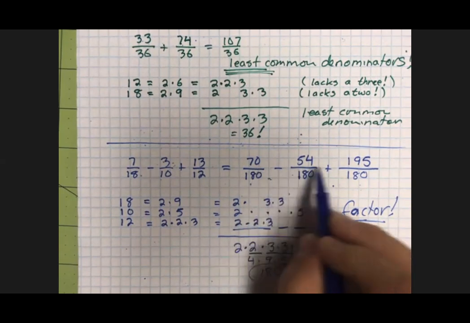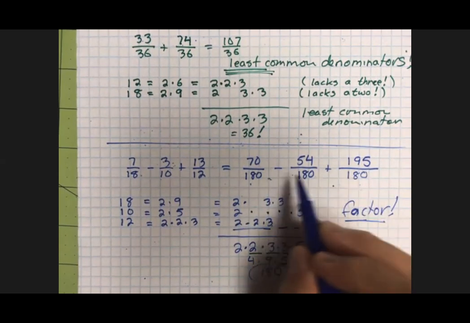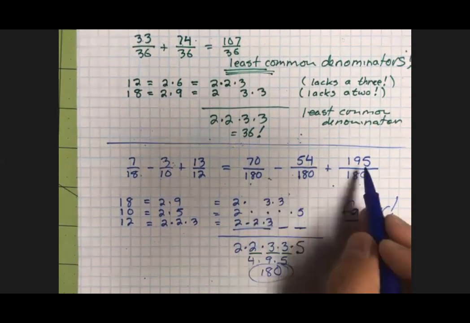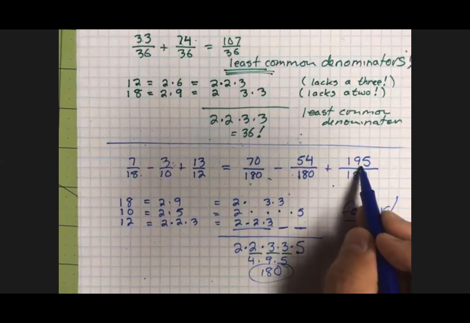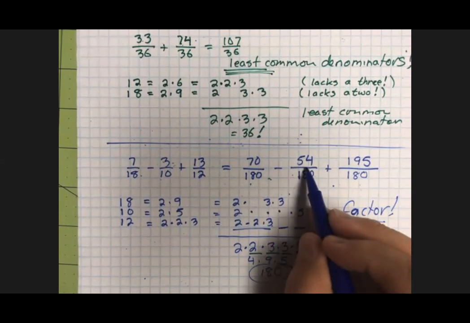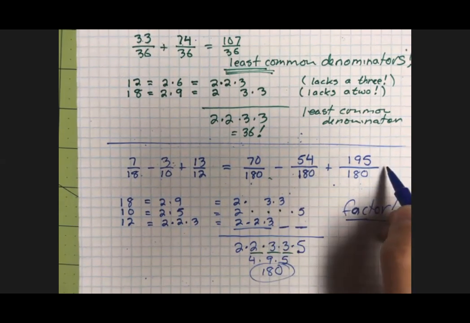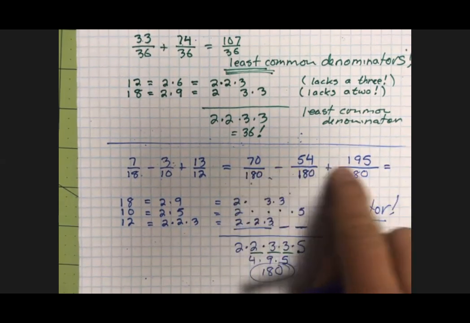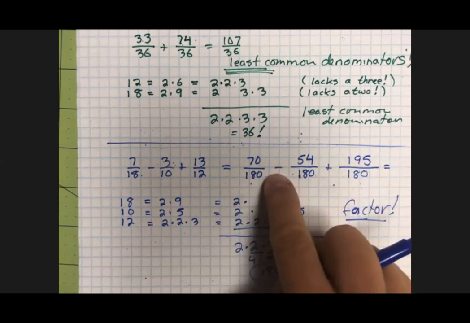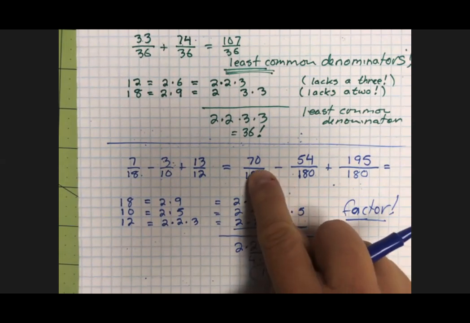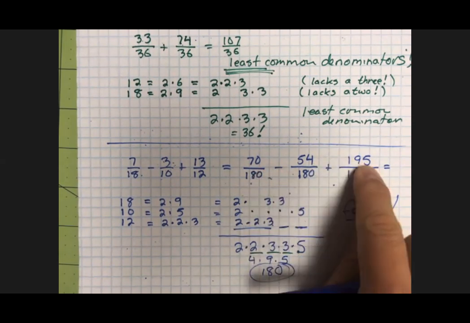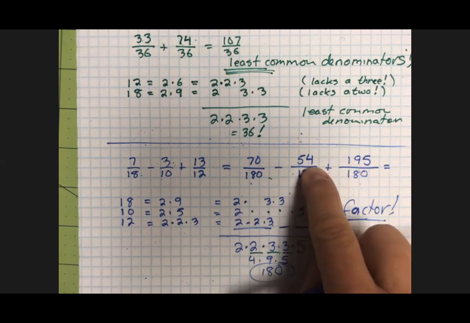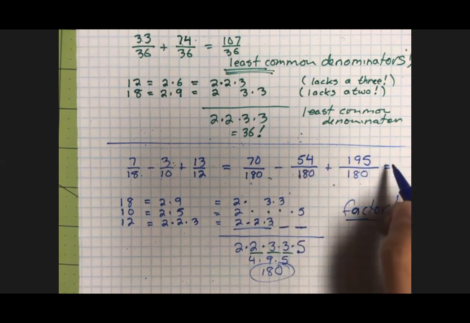And I still might have to clean it up. All right. We'll say I got 70 and 195, 265. Subtract that, and I'm doing things in my head because I want to go on, but we should do this nicely on the paper. 265 minus 54 is 211 out of 180.